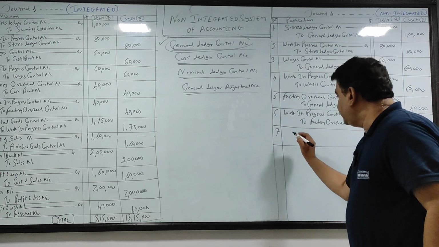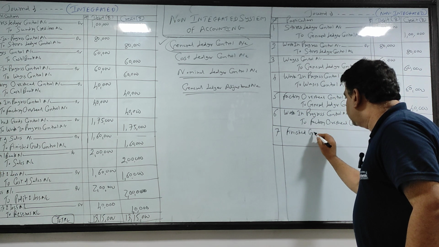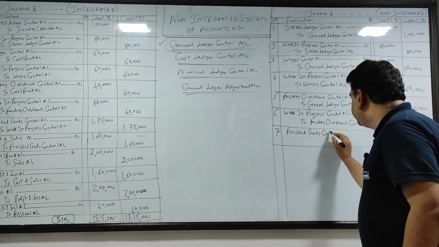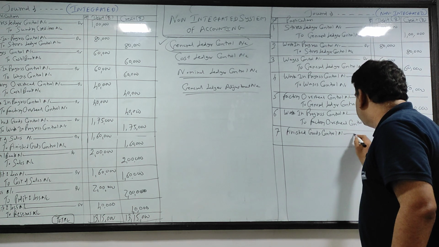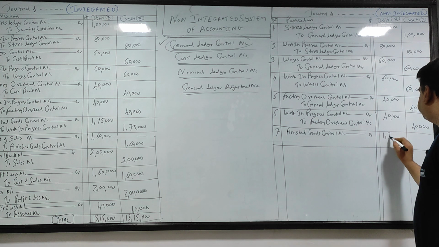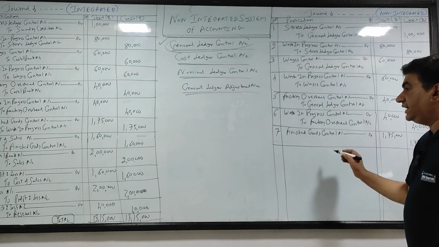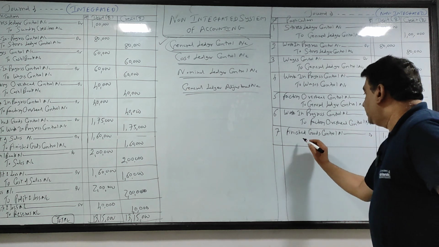So number 7, finished goods control account debit. How much is it? 175. And finished goods get created from WIP.